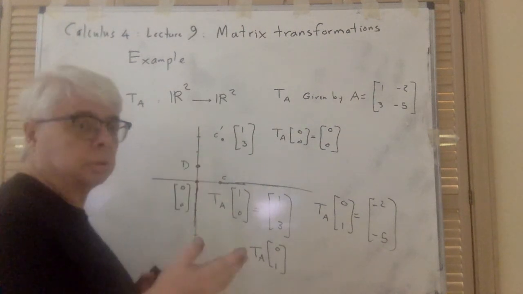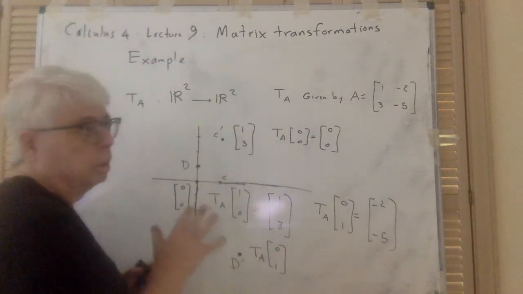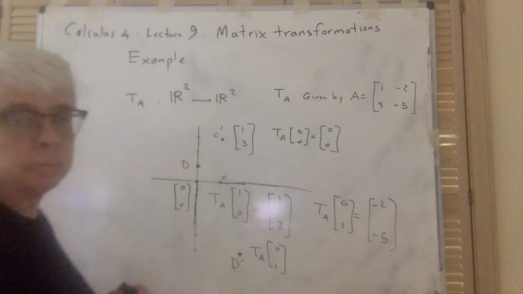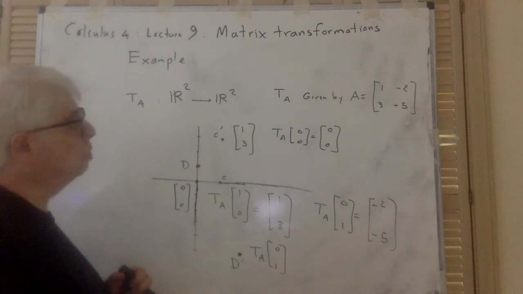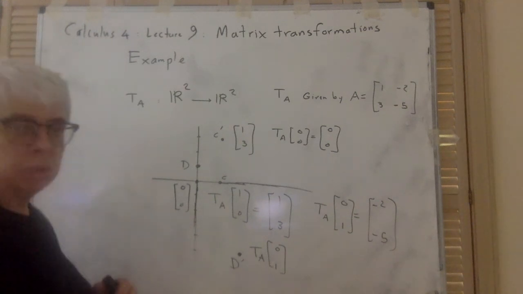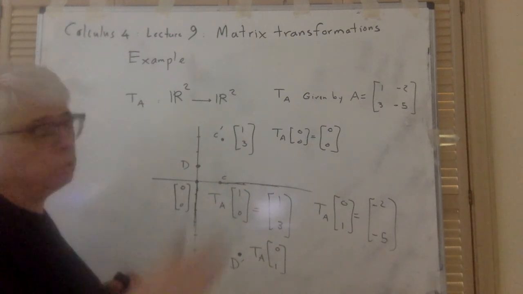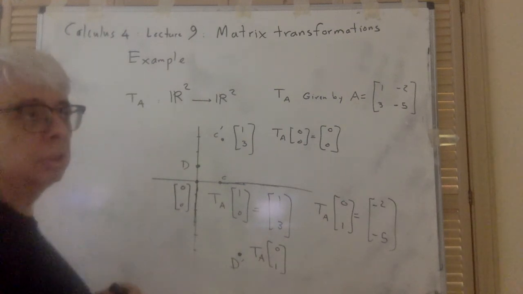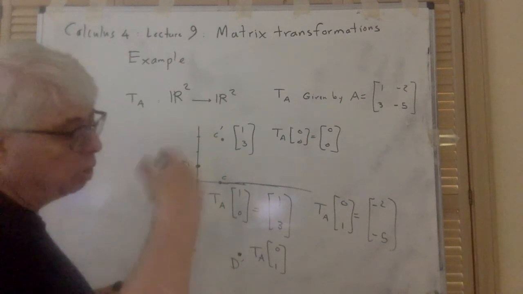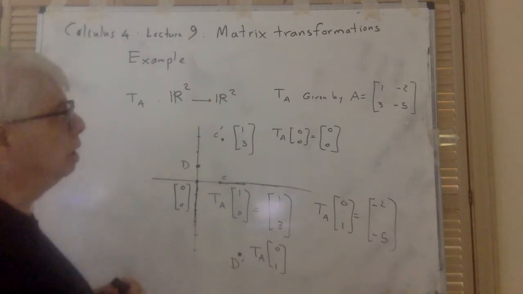It is something else, an affine transformation, what they call it. But anyway, if it moves this, it's not in this category. So a matrix transformation should not move 0, 0. That's one way to check it. If you are given some transformation and you apply it to 0, 0 and you get something other than 0, 0, I mean the 0 of the codomain, you immediately say, no, this is not a matrix transformation.